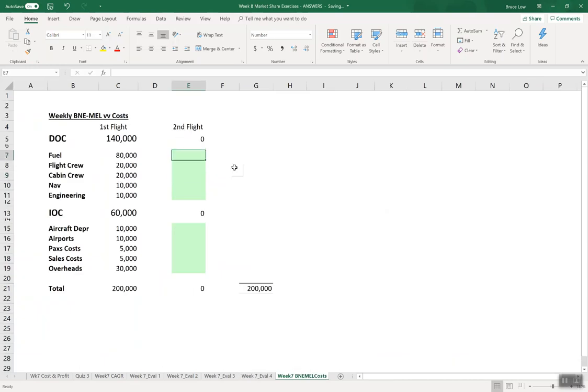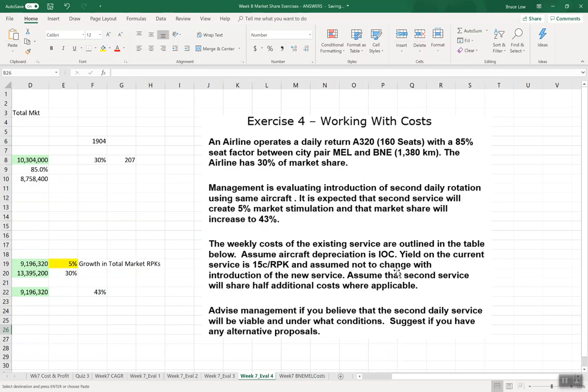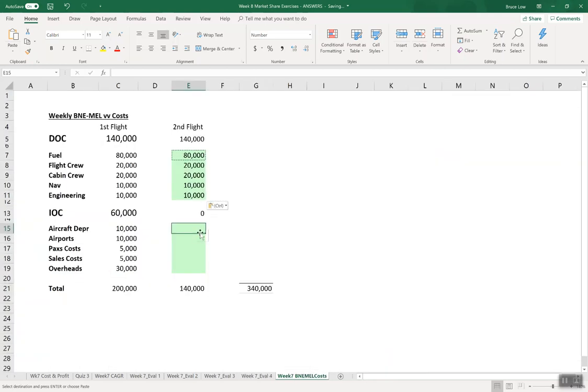So what we do here is fuel, flight crew, all these direct operating costs will stay the same. So we copy those down. And these indirect costs, like depreciation, airports, passenger, these we can assume are half the costs of operating. So multiplied by 0.5. So that's half the costs.